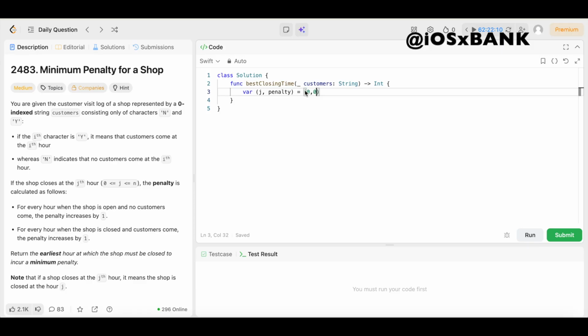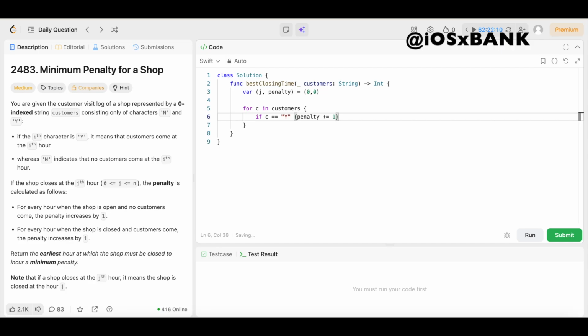Initially, we need a penalty assuming the shop closes at hour 0, and every Y customer would be missed, so each Y adds a penalty. To check for that, we could say for c in customers, open up the brackets, and if c equals, open up the quotation marks, Y, then we'll come outside of that, open up the brackets, and say penalty plus equals 1, just like that.